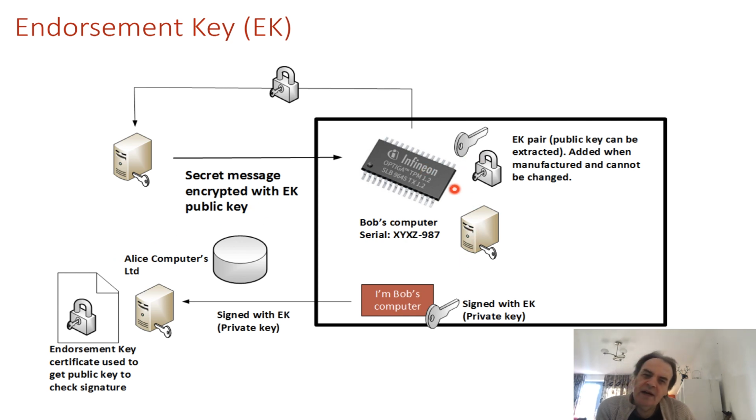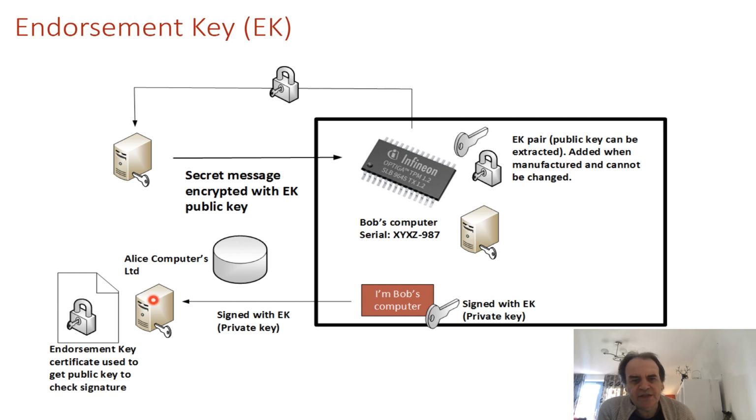Then, when the computer wants to identify itself as still being the same computer, it will take the private key from the EK key pair, and then encrypt a message such as the serial number or the name of the computer with the private key of the EK.